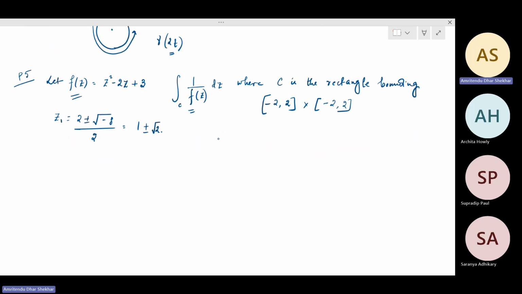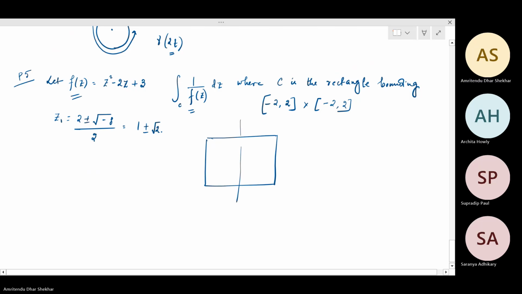Now if you plot this rectangle, you end up getting two roots.